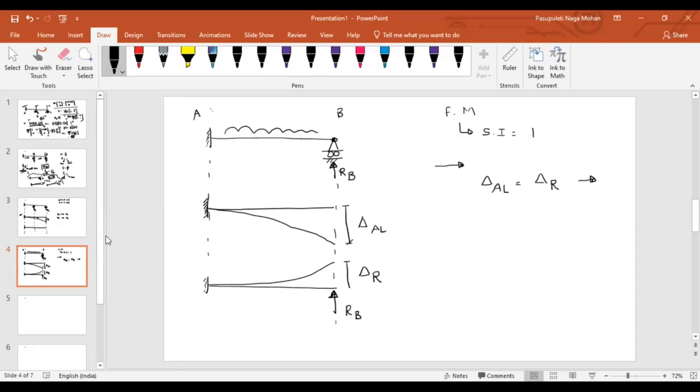Now, tell me, can I find out this magnitude, by using some method? Imagine there is a UDL acting on this beam. Can you tell me how you are going to find delta? Tell me one method to find the deflection at the free end.